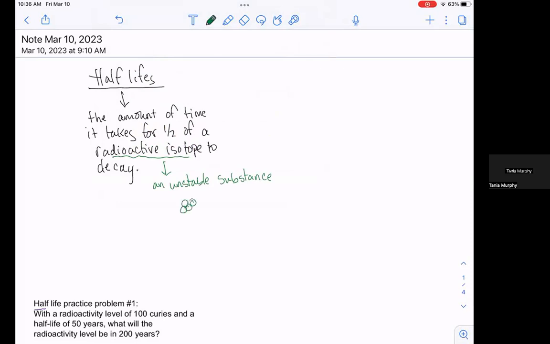We can imagine a sample of atoms, say of uranium, is common here. And it's unstable, so it decays. In the process of decaying, it loses half of its mass, right?